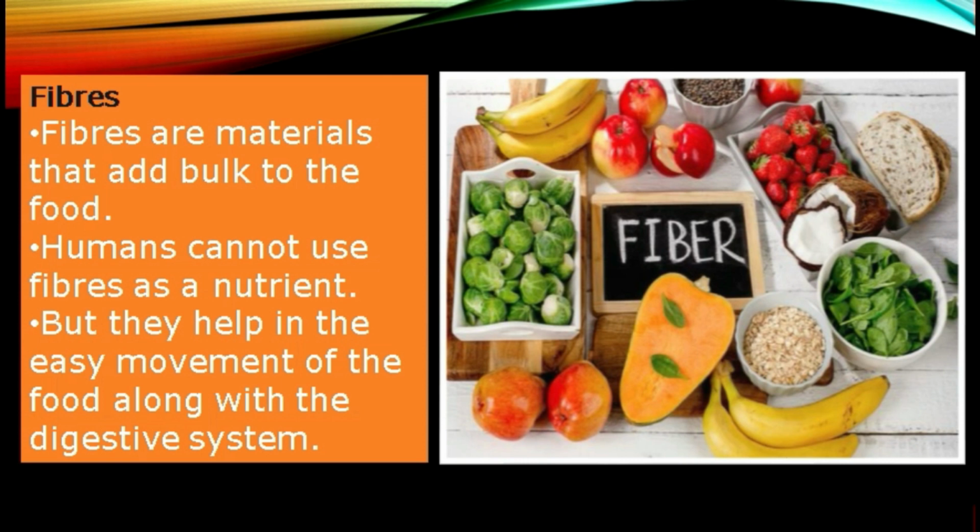Students, these fibers are made up of the indigestible parts or compounds of plants, which pass relatively unchanged through our stomach and intestine. Fiber is mainly a carbohydrate. The main role of fiber is to keep the digestive system healthy.